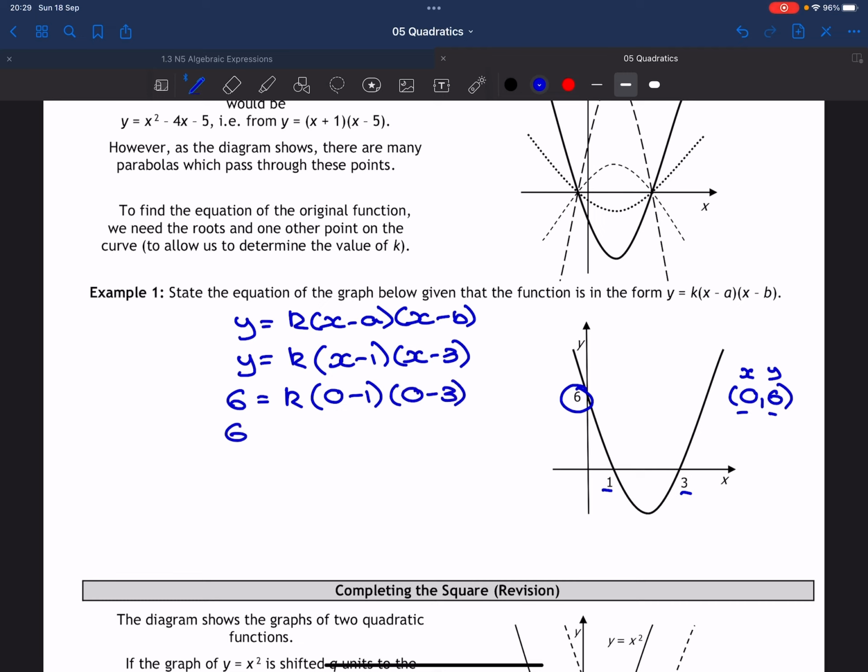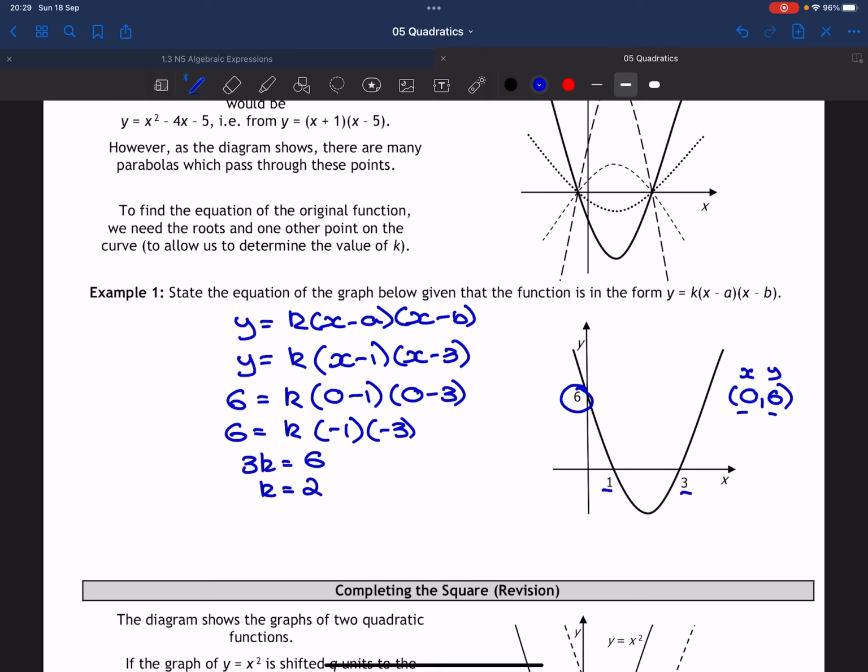So that will be 6 is equal to k times minus 1, times minus 3. So simplify that, so I get 3k is equal to 6. So k has to be 2.